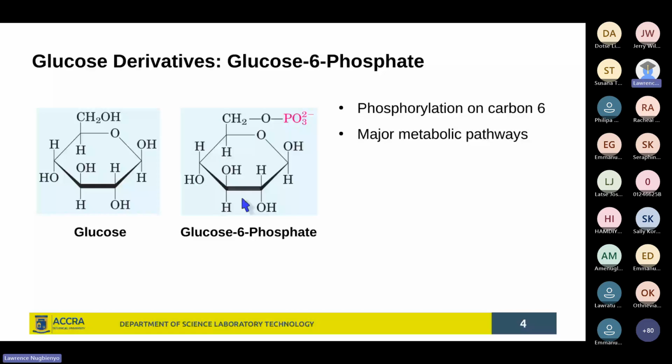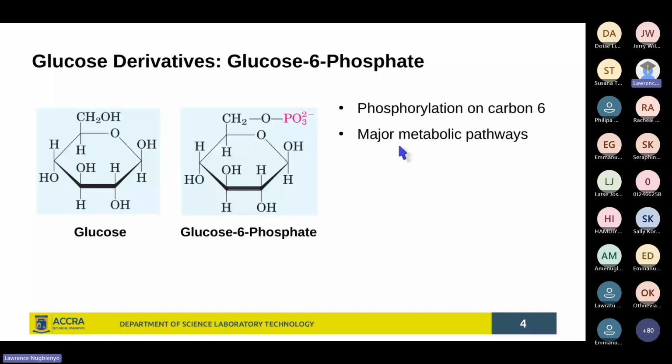Or you also have the glucose 6-phosphate going into another major metabolic pathway, which goes into the synthesis of nucleic acids, which is DNA and RNA. So you have the synthesis of ribose 5-phosphates, which then will go into the synthesis of RNA.